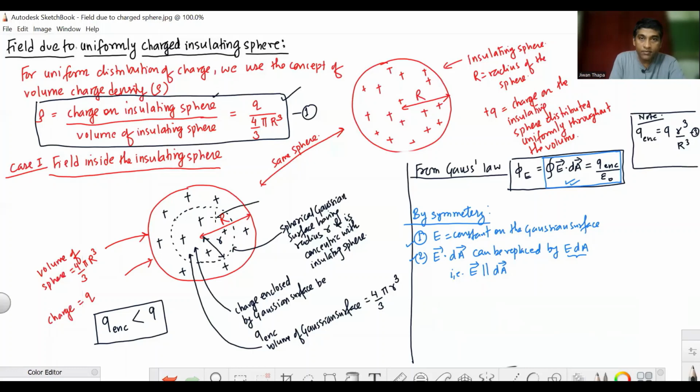I'm taking or redrawing the shaded region.